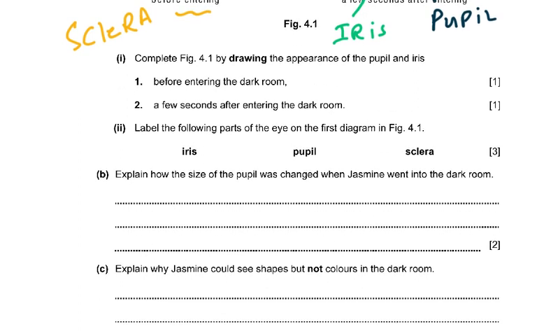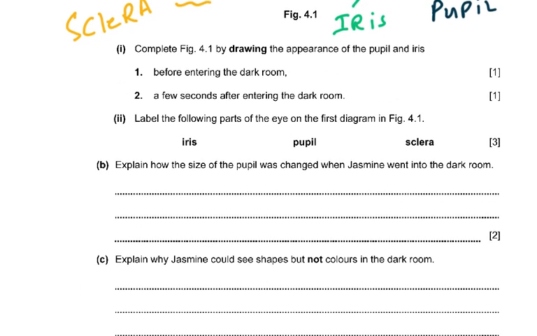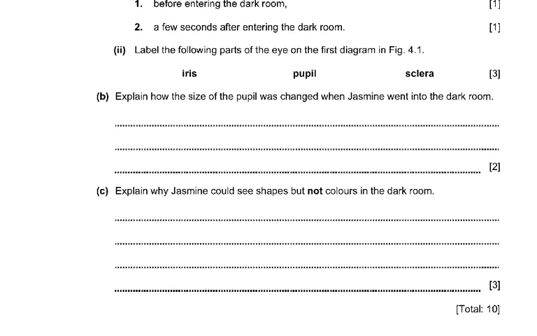Explain how the size of the pupil was changed when Jasmine went into the dark room. Simple. The pupillary muscles of the iris. And then it says explain why Jasmine could see shapes but not colors in the dark room. So the role of the rods is detecting black and white images, and they are very sensitive even in low light intensities. And the cones only detect color, and cones need high intensity light to trigger them.